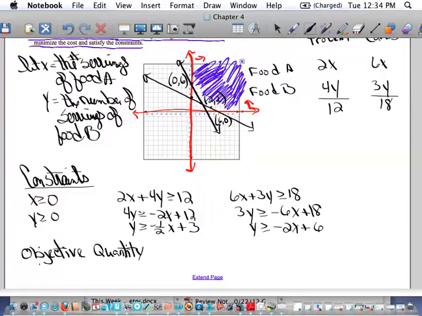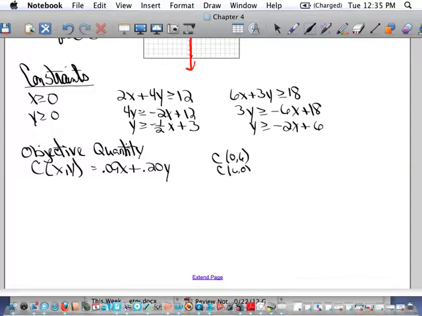So I'm going to use C. So C of x comma y is going to be equal to the cost for a serving of A, 0.09x, plus the cost of food B, which is going to be 0.20y. Now let's look at where our vertices occur. I have one at 0, 6, one at 6, 0, and one at 2, 2.